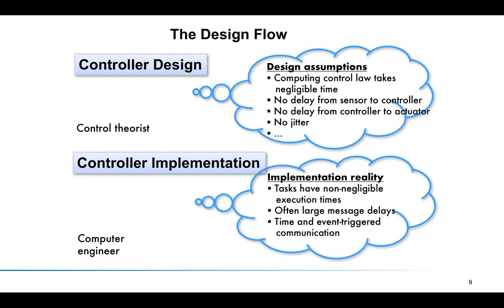Computing the control law takes negligible or zero time, etc. But as we are moving towards more complex implementation platforms, like the ones that are today available in the automotive domain or industrial manufacturing domain or robotics, many of these assumptions are not true. And therefore, when you simulate the behavior of the controller at the model level, the kind of behavior that you get versus when you implement it on a real system, the behavior can be significantly different.